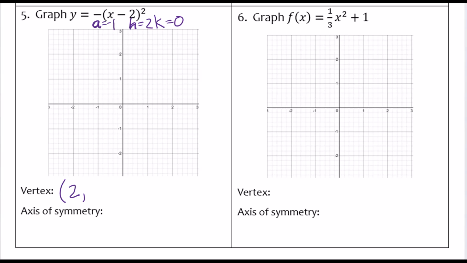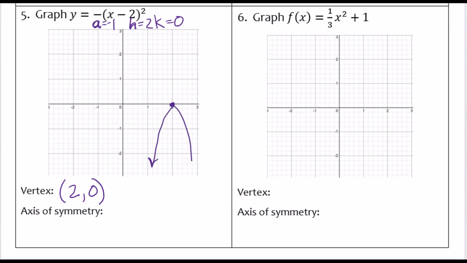Okay, so what is the vertex going to be? HK. So the vertex will be 2, right? Because we decided H is a +2. And K, which is 0. So now we can plot that vertex. And with that A being -1, we know the parabola is going to do what?